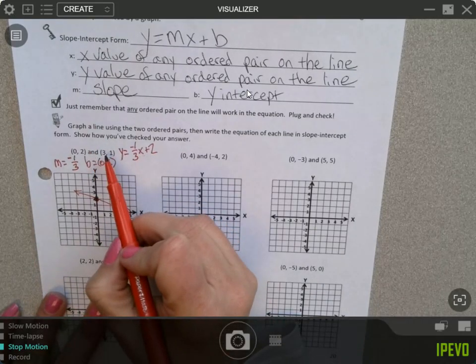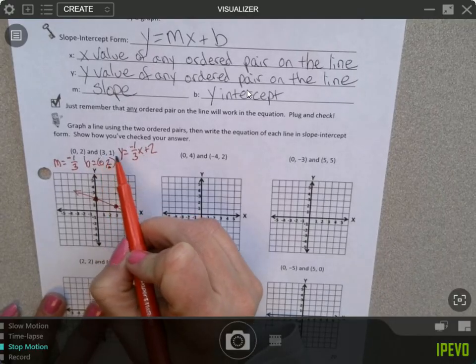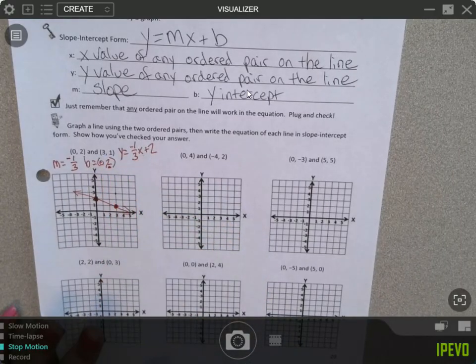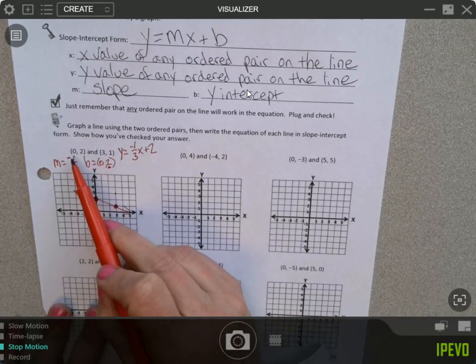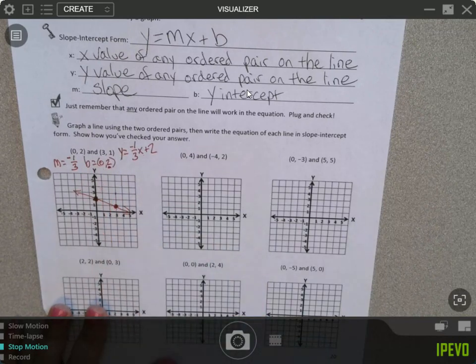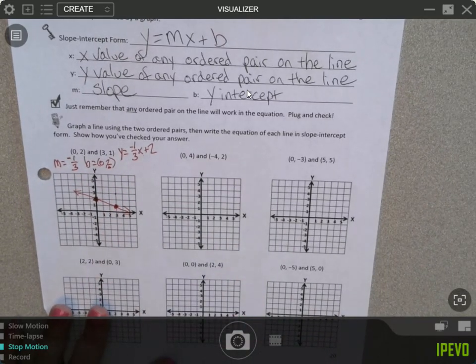I could put the 3, 1 into the equation. 3 for the x, 1 for the y. Could I only use one of those points? I could use either one of them, right? Any point on the line will work. So I could really use this first one or the second one. It doesn't matter. But I need to show that I'm checking using one of them.